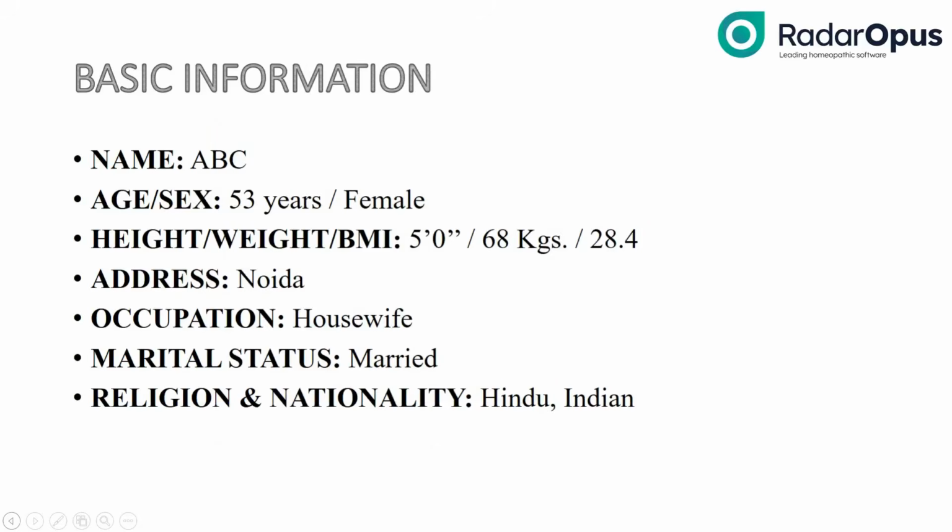Now, as we have looked at the basic introduction about hypothyroidism, we will now continue with a case. This is my case. This is a case of a female aged 53 years, height 5 feet, weight 68 kgs, living in Noida, married, a Hindu female.